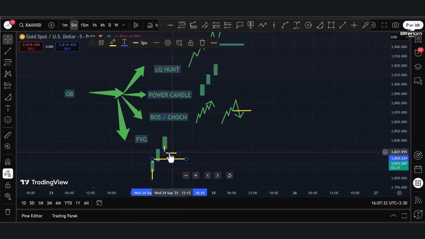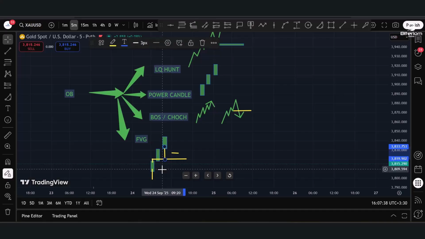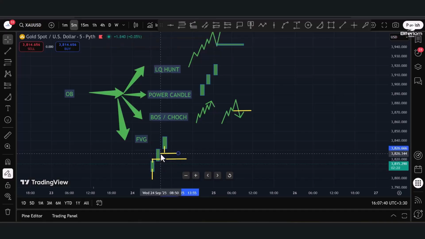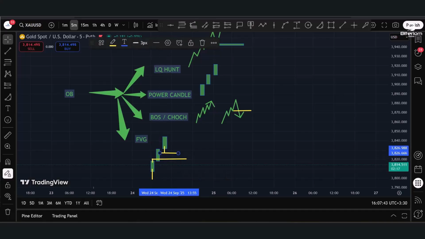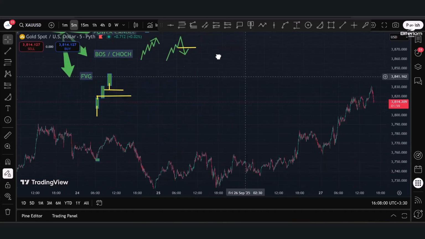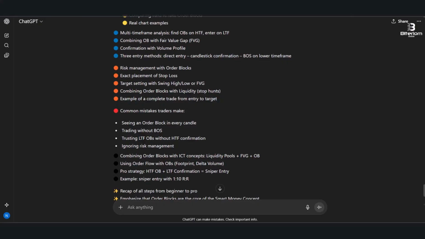The high of the first candle and the low of the third candle should have a gap between them. See, there should be a gap between the body of the candle and the next one. That's when we can say this is an FVG gap. I say this order block has a gap. This order block, we call it FVG or gap.